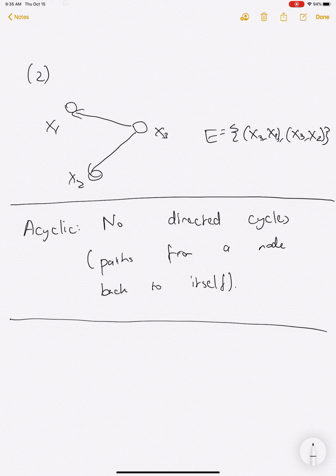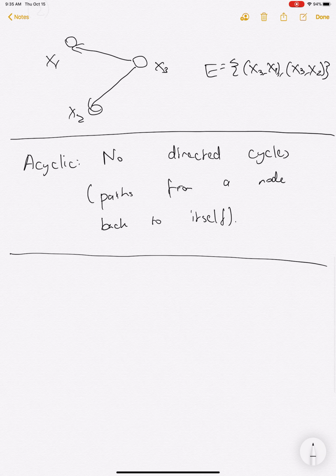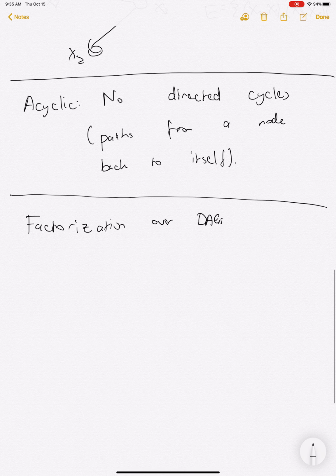And the other thing that we learned at the end of the previous lecture was the factorization over the DAG. So this is really getting at the relationship between the graph structure and the multivariate distribution.